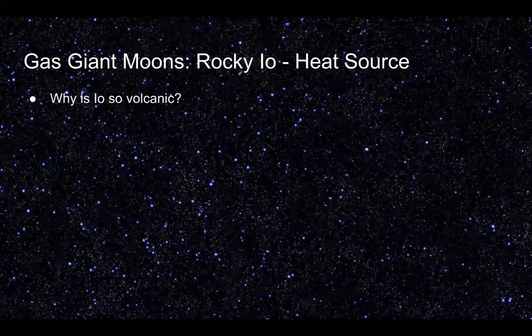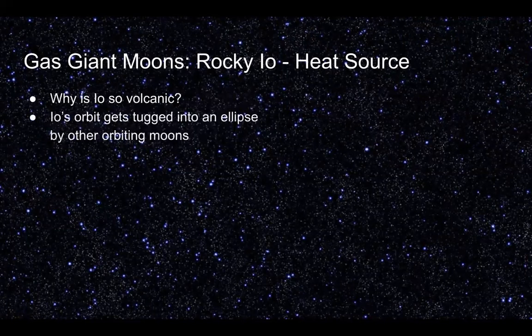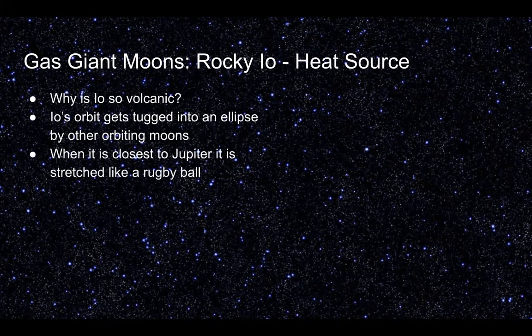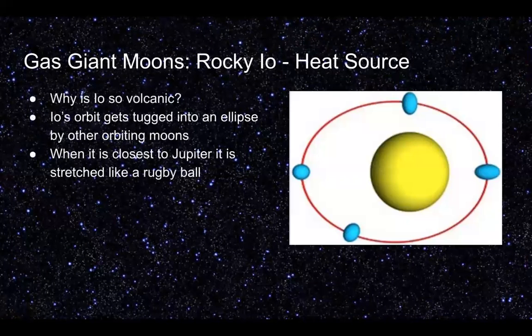Why is Io so volcanic? Io's orbit gets tugged from a circular orbit into an ellipse by the other orbiting moons of Jupiter. When it's closest to Jupiter, it's stretched by Jupiter's gravitational field like a rugby ball. And this gives you some idea of the effect.